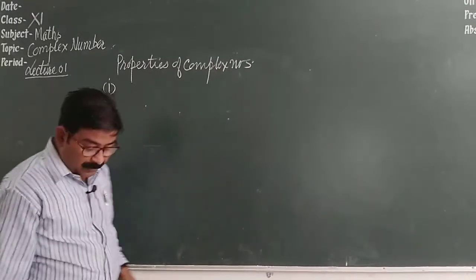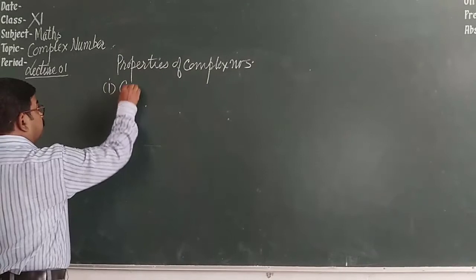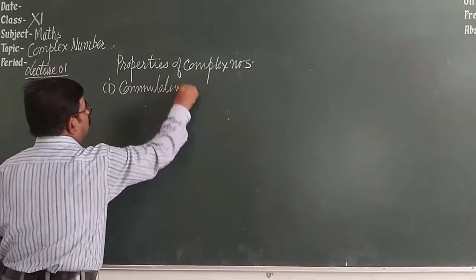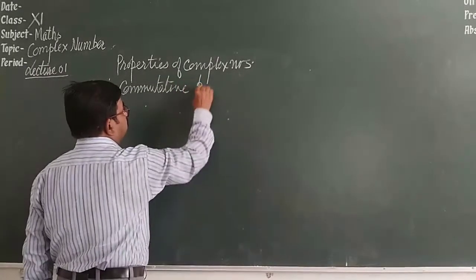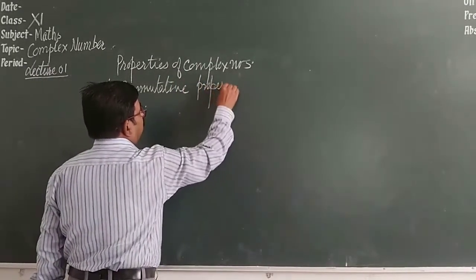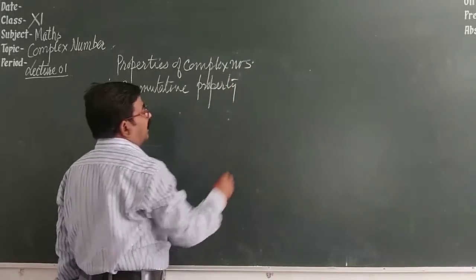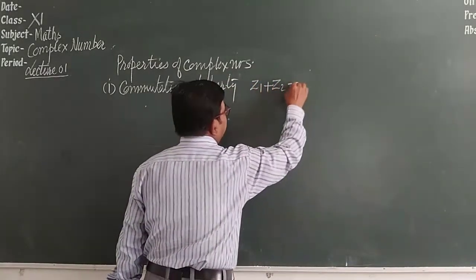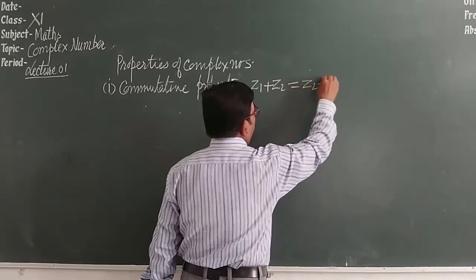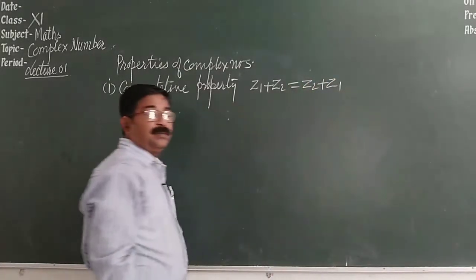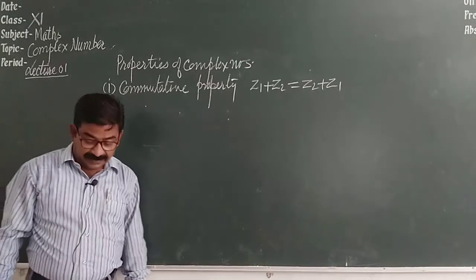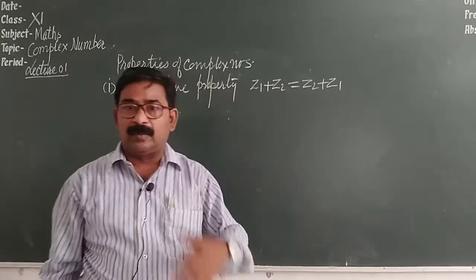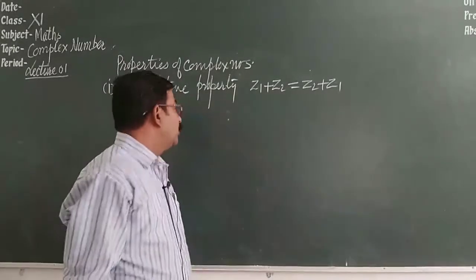Let's see commutative property, like z1 plus z2 is same as z2 plus z1. Means in case of addition, commutative law holds good.